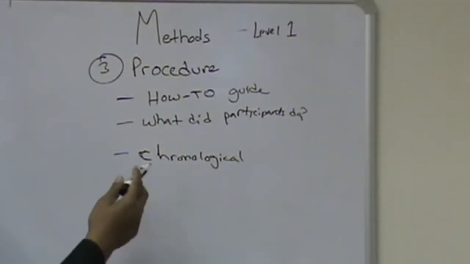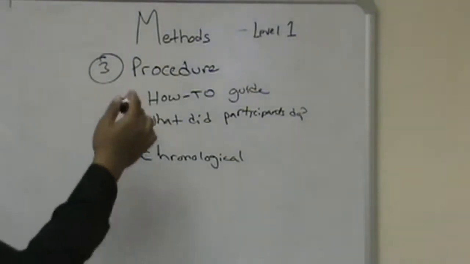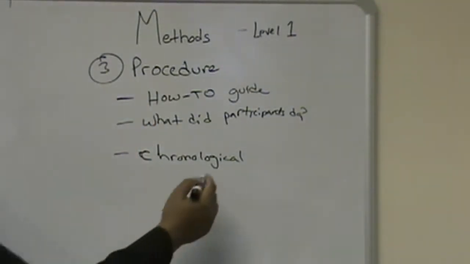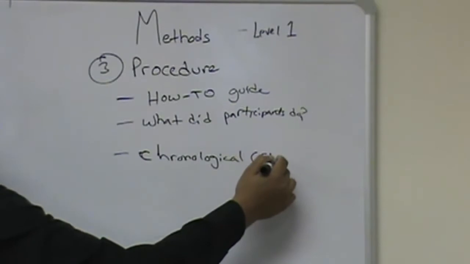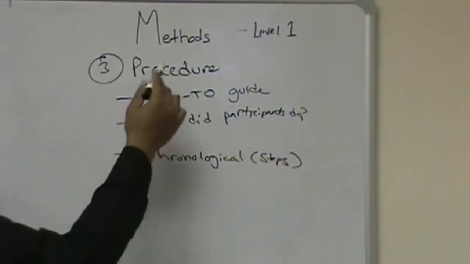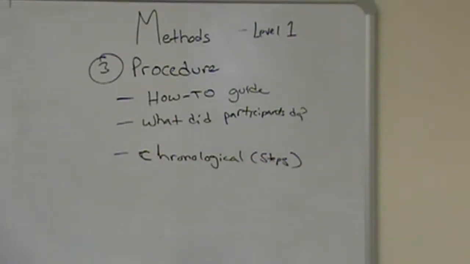So when I'm reading, it seems that sometimes some steps are kind of out of place. So you want to make sure that the steps that you write about, that the participant went through, are in that chronological order, so that it flows really well, and the reader can understand exactly step to step what occurred. The participants sat down, they came in a room, they did this for 20 minutes, twice a week, they were given the measure at this point, and so forth.